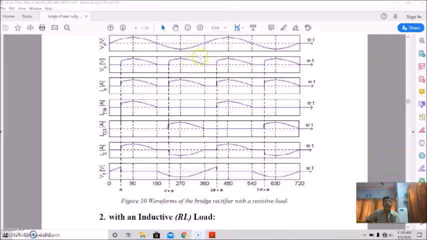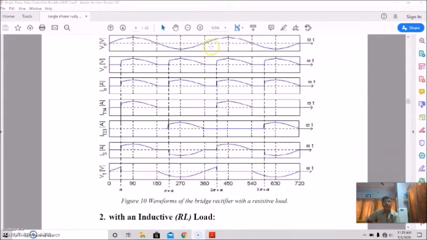And again when the positive half of the supply voltage is impressed, thyristor 4 will be under conduction. If it is fired at 2 pi plus alpha, where alpha is the firing angle and this is 2 pi, in this way this thyristor will conduct.